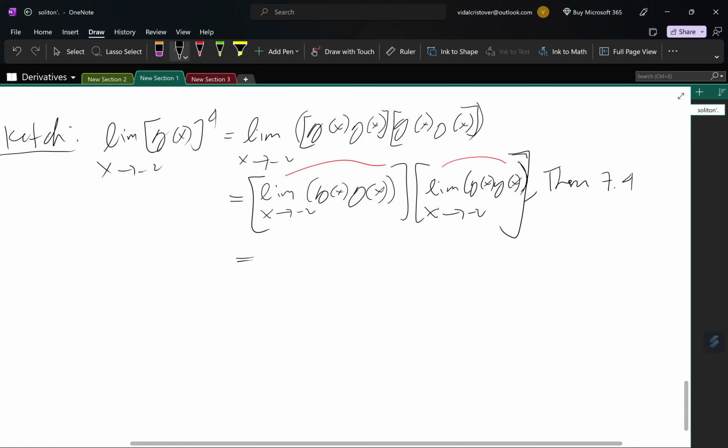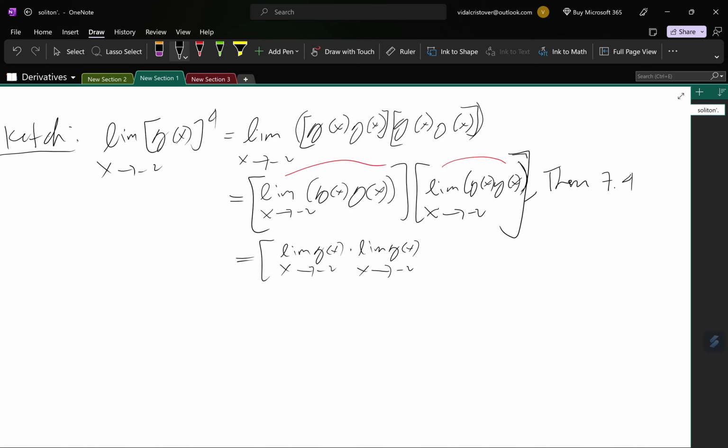And then again, pwede na nato i-apply ang Theorem 7.4 sa kani nga grupo ug sa kani pod nga grupo. So, mahimo na siya og limit ni g of x as x approaches negative 2 times limit ni g of x as x approaches negative 2 times kato na pong pikas grupo, limit ni g of x as x approaches negative 2 times limit ni g of x as x approaches negative 2.